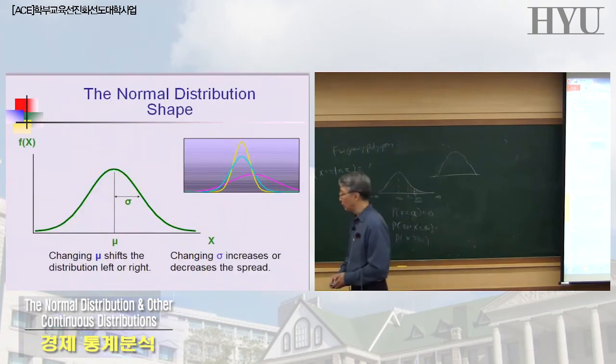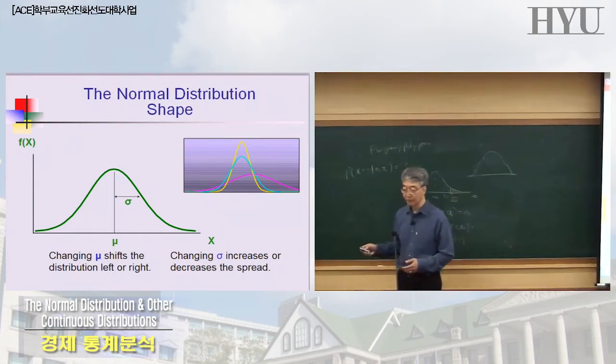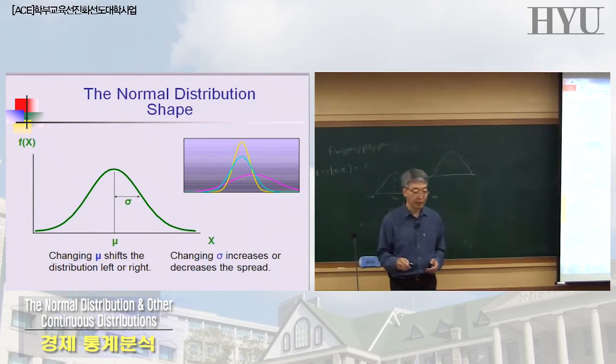Some are wide like this pink curve. Some may be narrow like this yellow curve. Some may be more in-between. So you can imagine there are thousands of different shapes that can be considered normal.